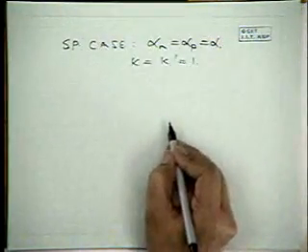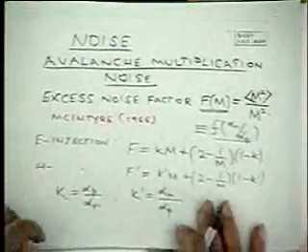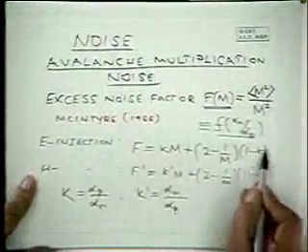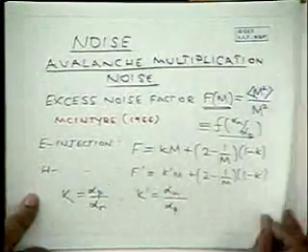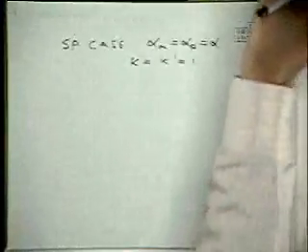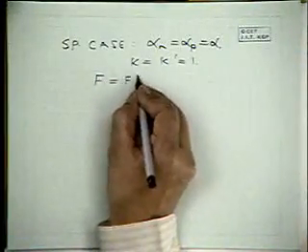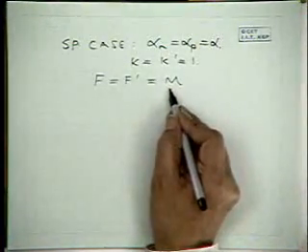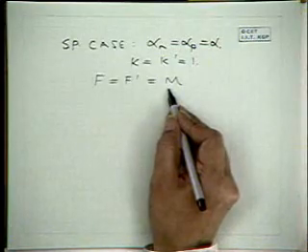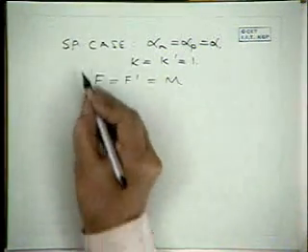In this relation, this term is 1, so the other term goes, and F is equal to m. So if the multiplication factor is large, 10, 20, 100, the excess noise factor is large.